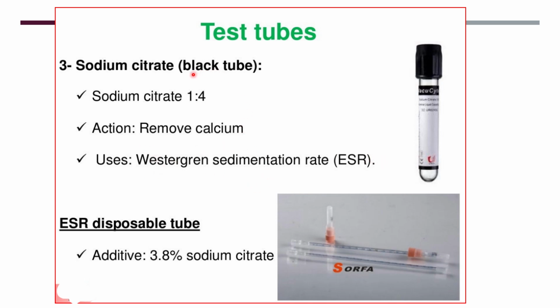So whenever there is a black vacutainer and the sodium citrate is filled with a ratio of 1:4, then you should immediately understand which test we will perform with this anticoagulant. And usually the additive we use is 3.8% sodium citrate.